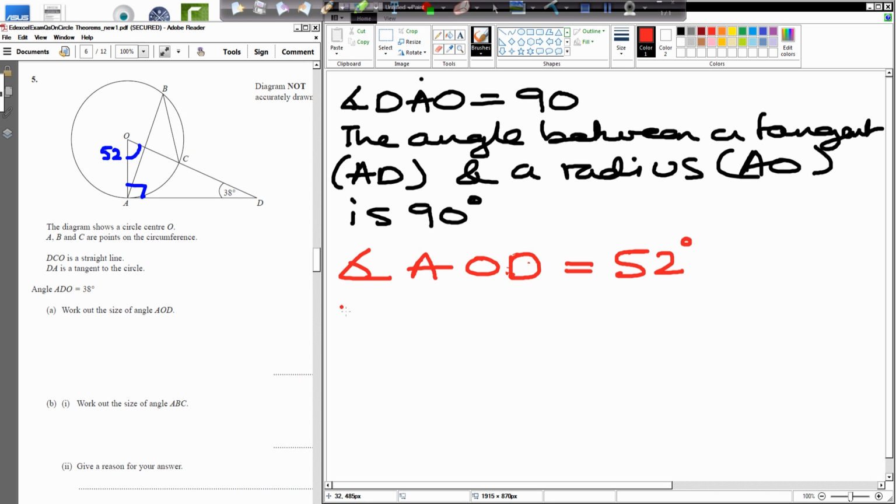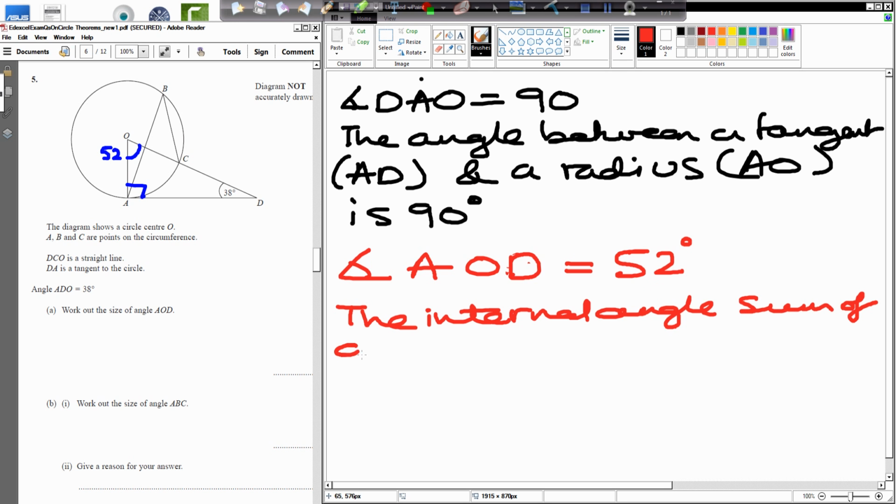The answer is the internal angle sum of a triangle. Now I'm going to define the triangle I'm talking about. What triangle is this? OAD is 180 degrees.